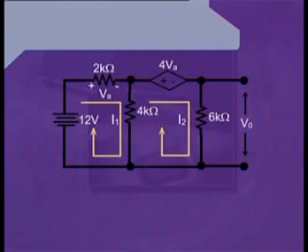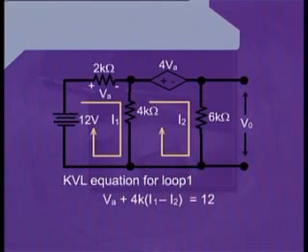Now, if we apply Kirchhoff's voltage law and write the KVL equation for mesh number 1, starting from the top left corner, we write VA, the voltage drop across the 2 kilo ohm resistance, which has been provided to us in the question. After writing VA, we write plus, and we come to the 4 kilo ohm resistance, which is the boundary resistance between the two meshes.